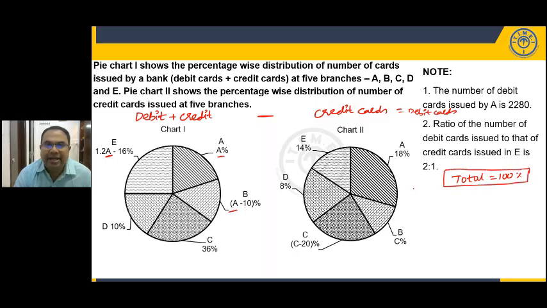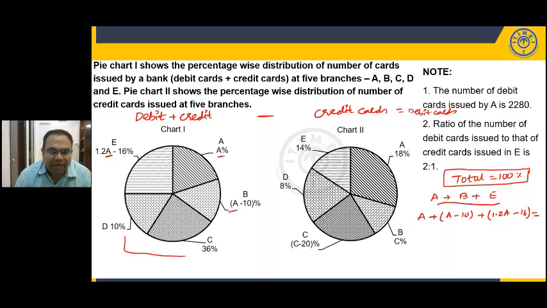Now, when the total is 100%, the sum of A plus B plus E would be A plus (A minus 10) plus (1.2A minus 16) is equal to, the sum of the other two is 36 plus 10, 46. 100 minus 46, it has to be 54.